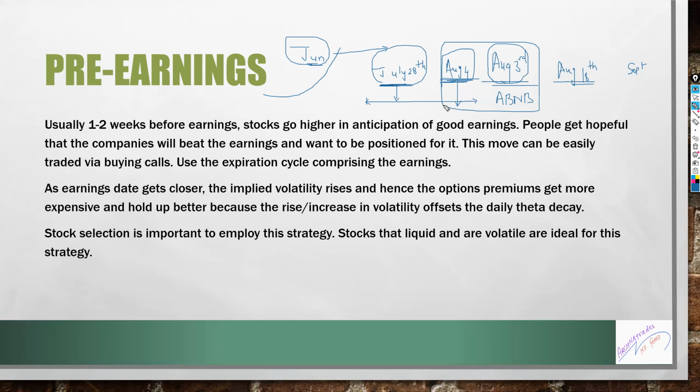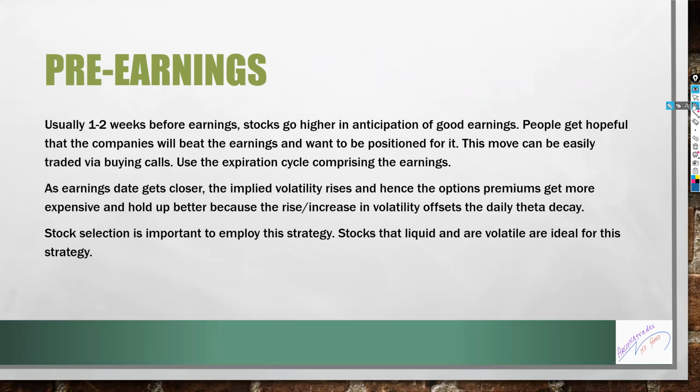That expiration cycle holds the premium the best. So that's when you can buy just straight up calls or straight up puts based on whatever your bias is, and you can take it.